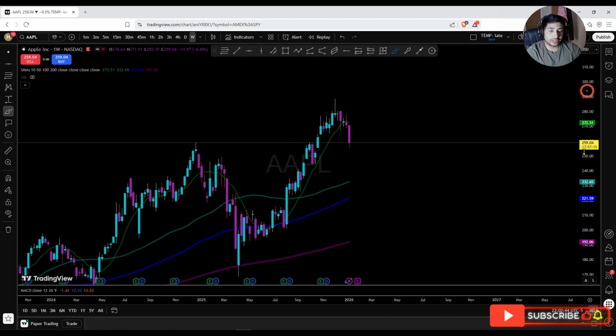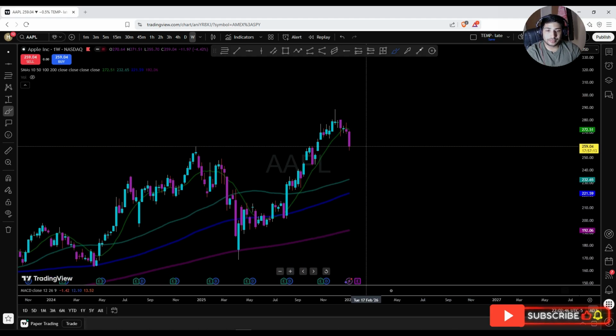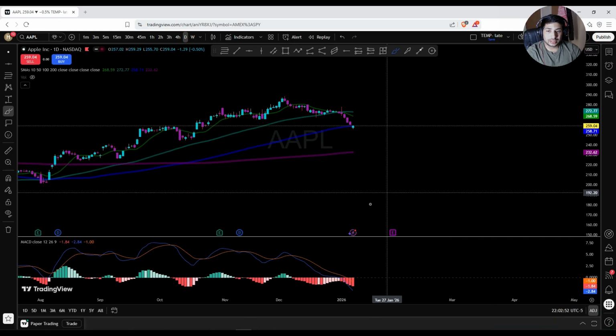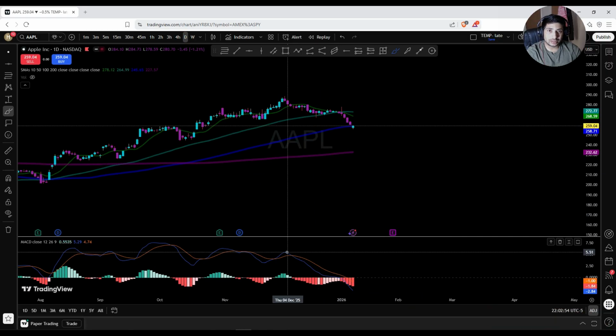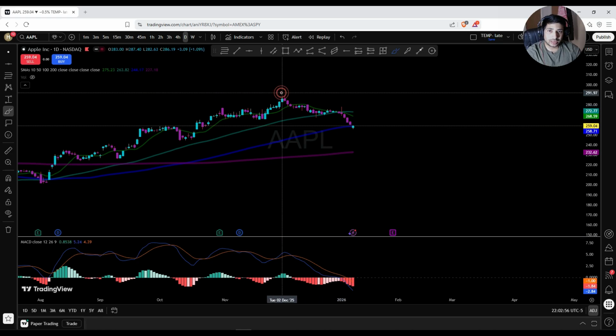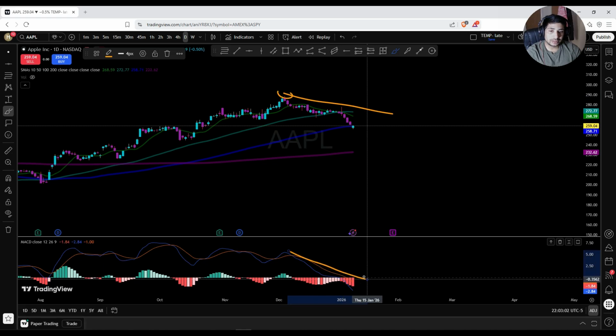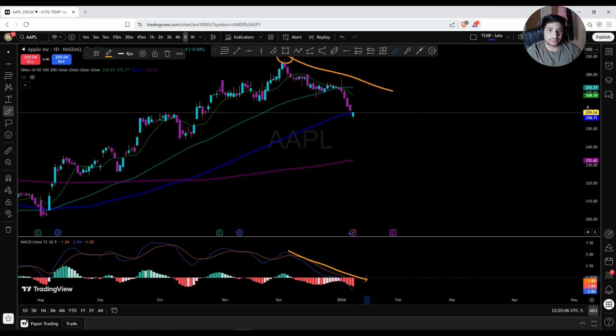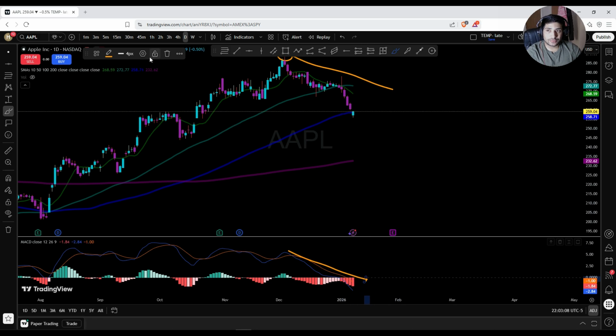Another thing is, let's go ahead and see the MACD. What does that say? When we see the daily, as I showed you earlier, we have a downtrend since the all-time high on December 5th. So we are still on the downtrend on the MACD also, and there is not even any divergence or anything we can see as of now.